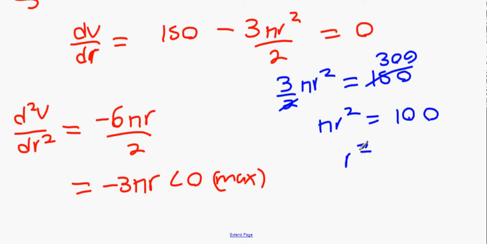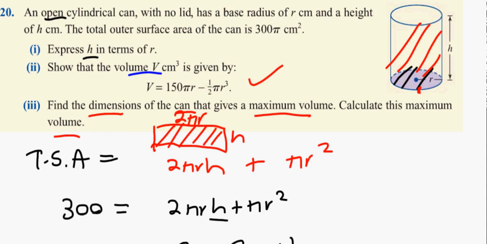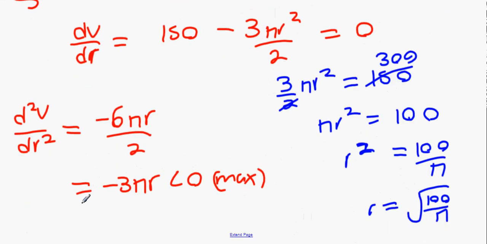R equals the square root of 100 over pi. Okay, so we found out what r is. R is 100 over pi.